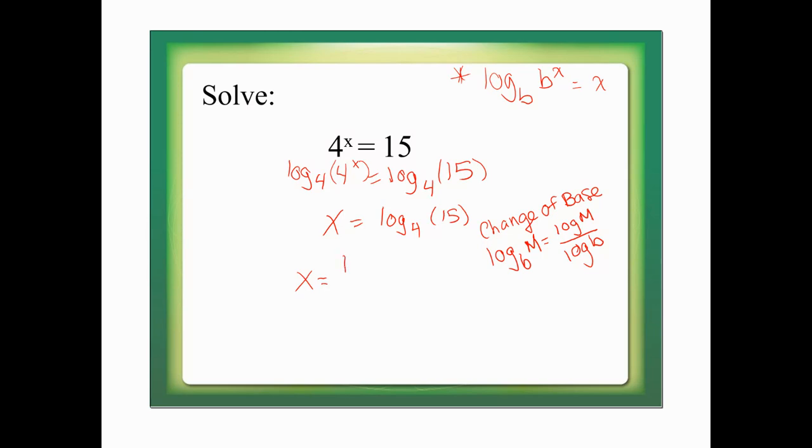But when we want the decimal approximation, we're going to write log of 15 divided by log of 4. And when we calculate that, now notice this is two separate logarithms, so make sure you're using your parentheses correctly, and you should get 1.953. Depending on how the problem asks, I always go with 3 decimal places, but that's up to you.